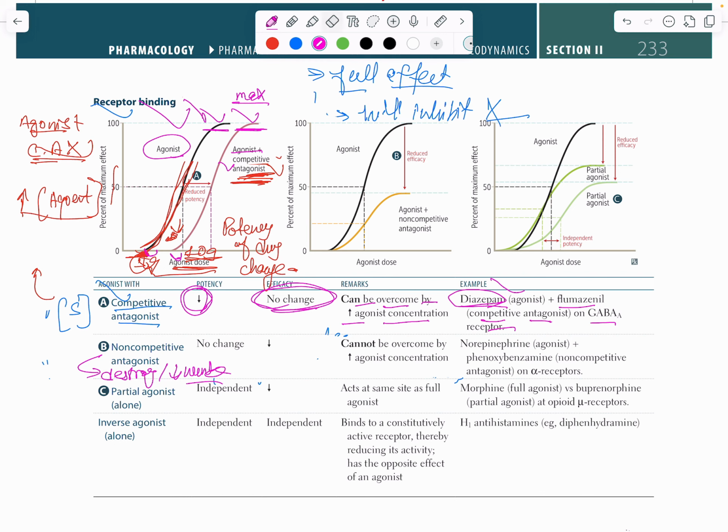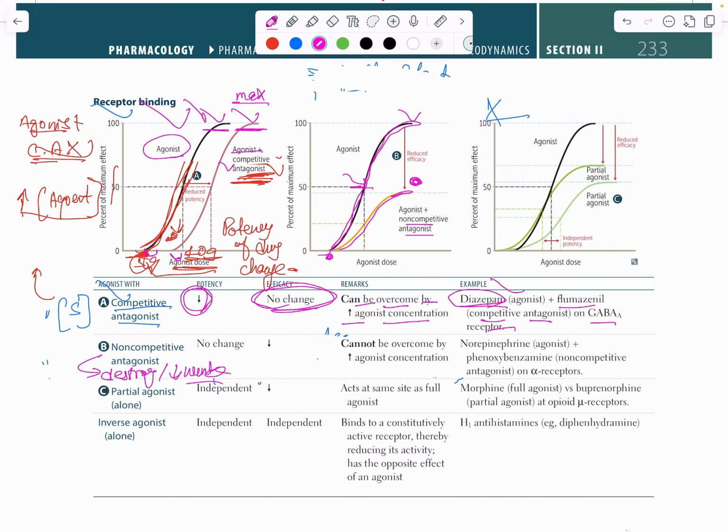So let's see the graph, the second graph. First we injected the agonist and we are getting our desired effect. The potency is okay and the efficacy is also fine. But after giving the agonist with the non-competitive antagonist, the effect will decrease.